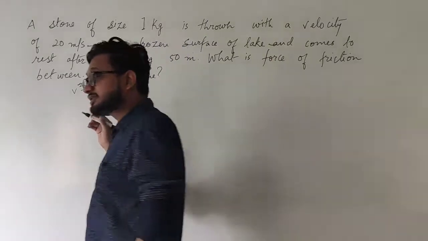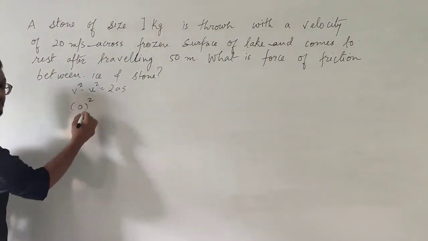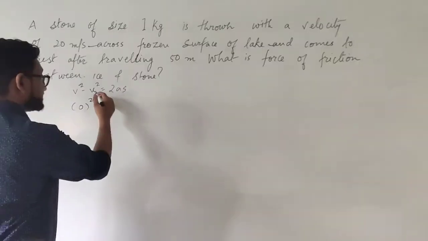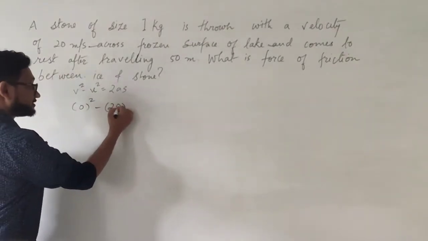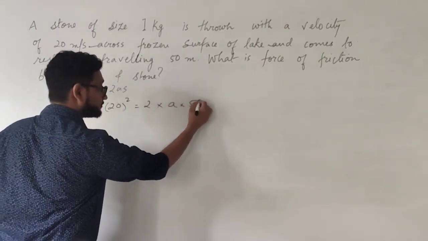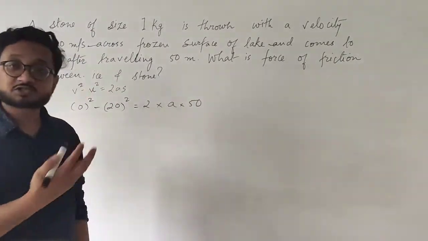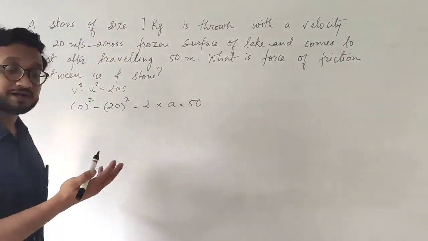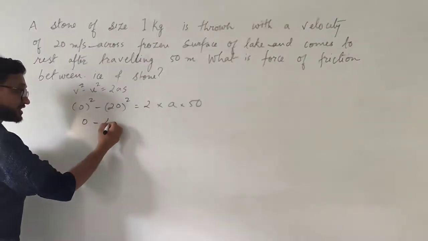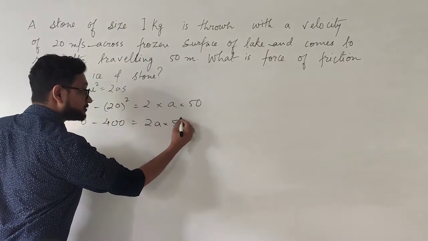Okay, substituting the values in this equation, you get final velocity is 0 because it is coming to rest, therefore 0 meters per second square, minus initial velocity, that is 20 square, equals 2 into a into 50. Okay, now 0 square is 0, and 20 square is 400. So 0 minus 400 equals 2a into 50.